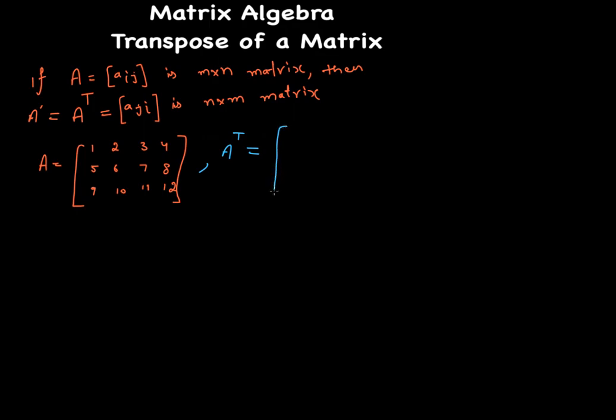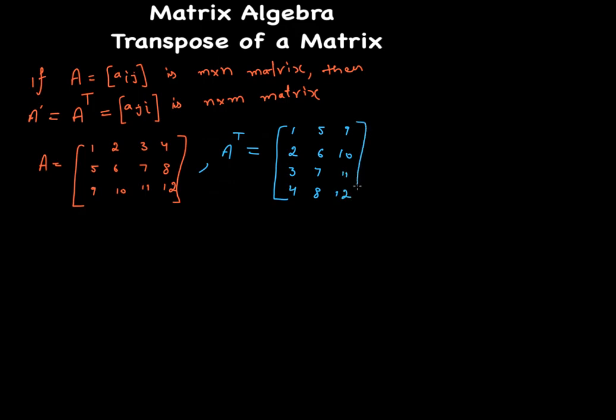So what we're going to do is write the rows of this matrix as columns of the new matrix. The first row of matrix A is 1 2 3 4, so that will be the first column of the transpose matrix. The second row is 5 6 7 8, and that will change to the second column. The third row is 9 10 11 12, which becomes the third column.